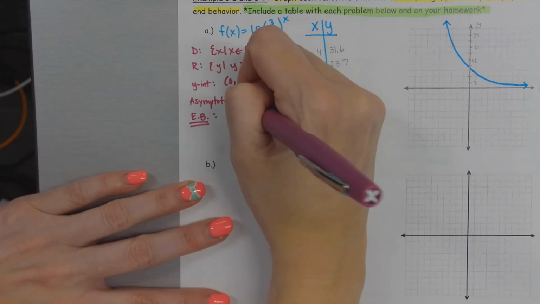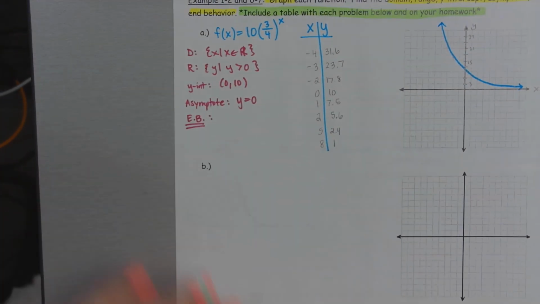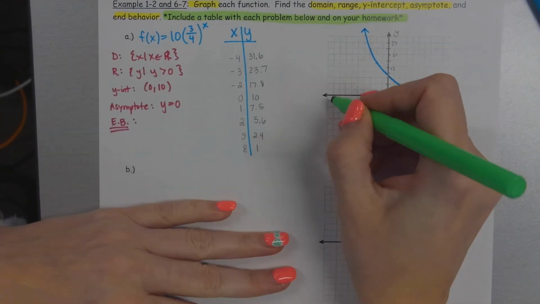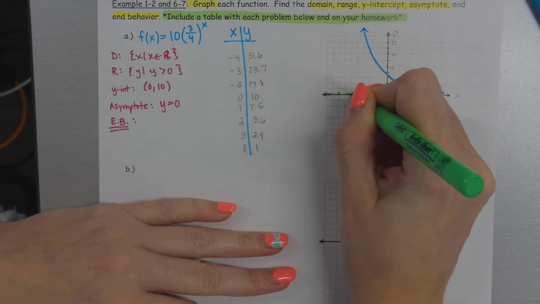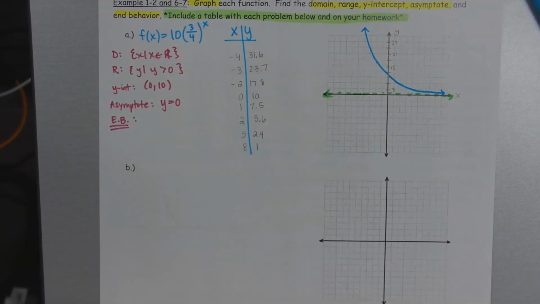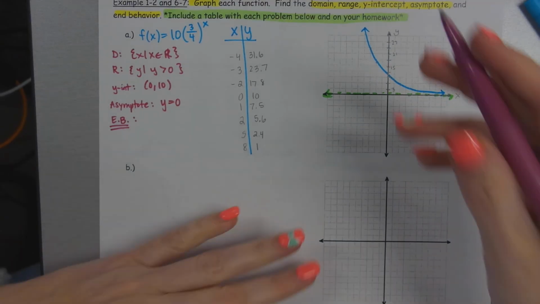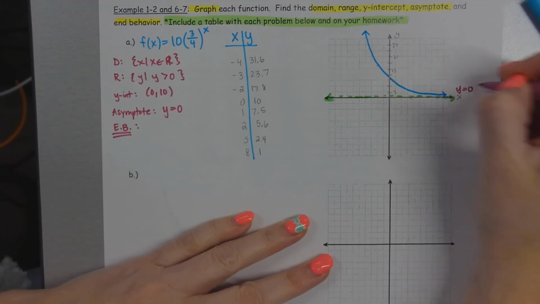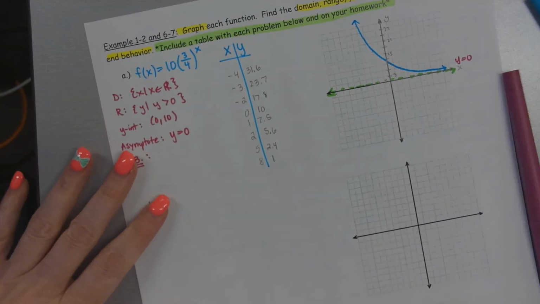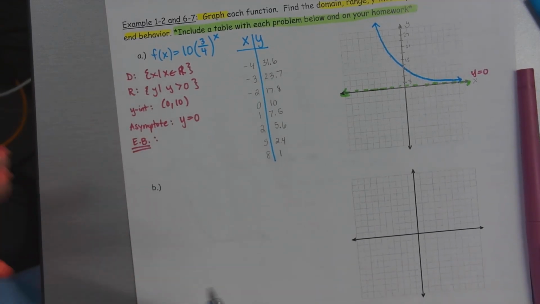And then the asymptote is y equals 0. We're going to go ahead and put that on our graph. So you are going to have to label your asymptote y equals 0.